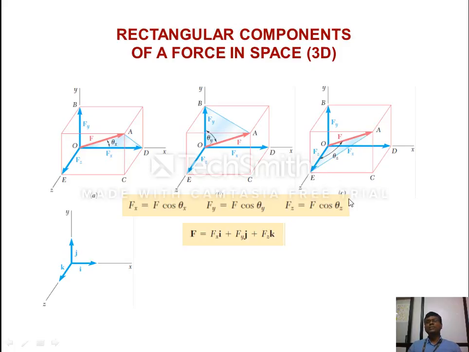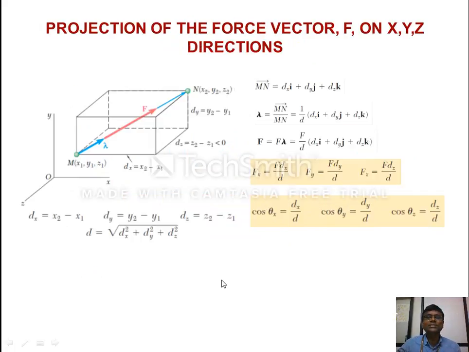You resolve this component, you take the cos of that, and the total force can be represented in vectorial form: F is equal to Fx i plus Fy j plus Fz k. So i, j, k are the unit vectors in the x, y, z directions.